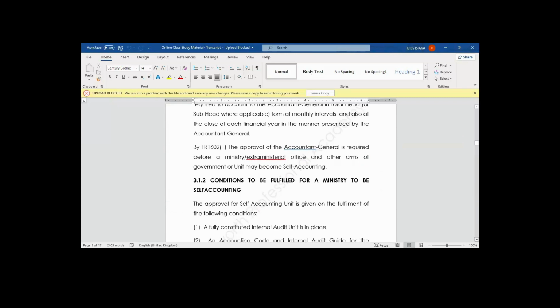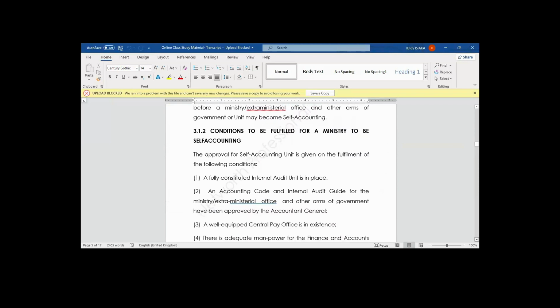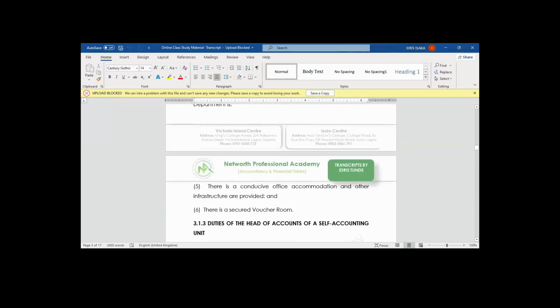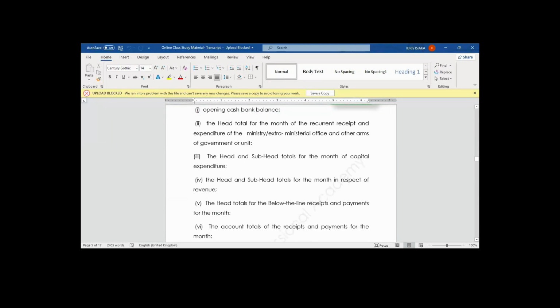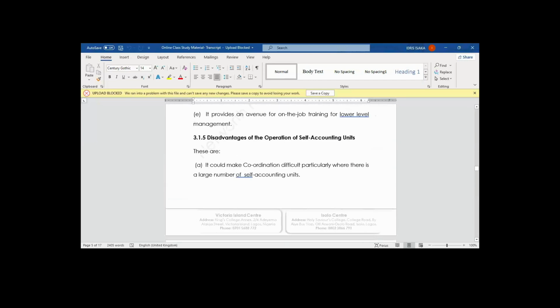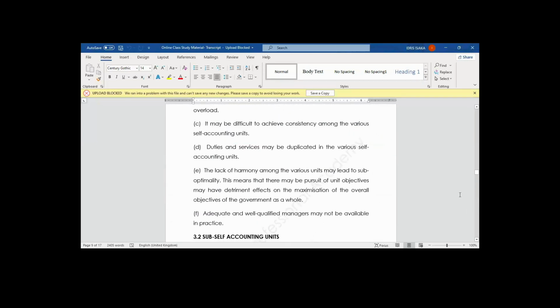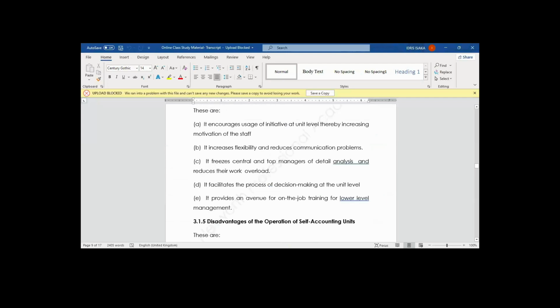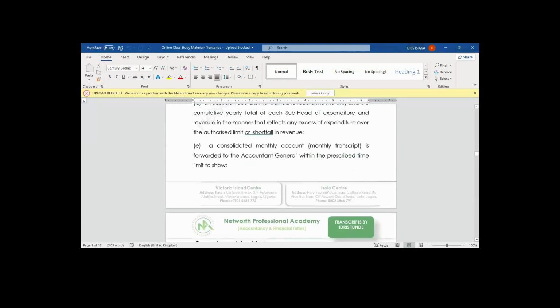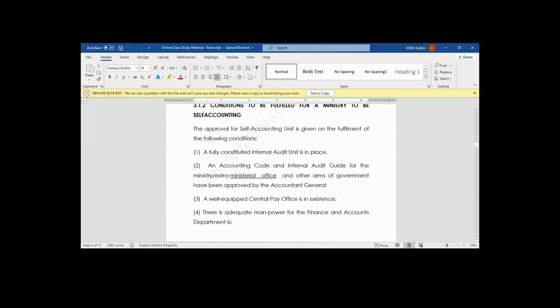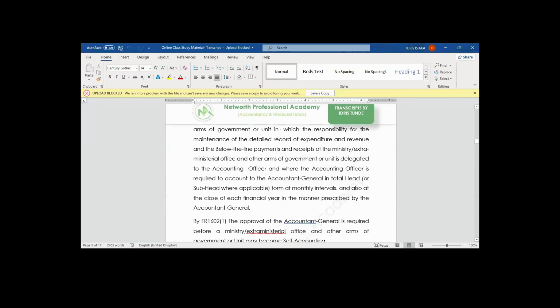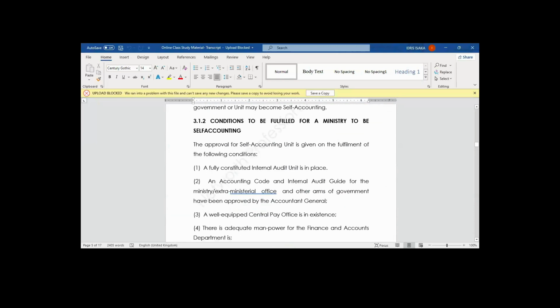Now, what are the conditions that need to be fulfilled before they can regard you as a self-accounting unit? Examples of self-accounting unit: Ministry of Finance, Ministry of Health, Ministry of Transportation, Ministry of Work.